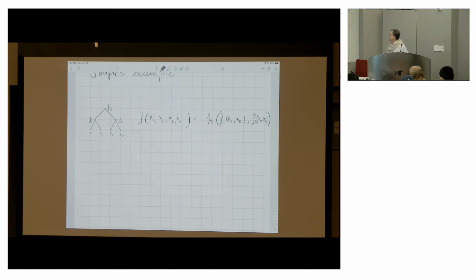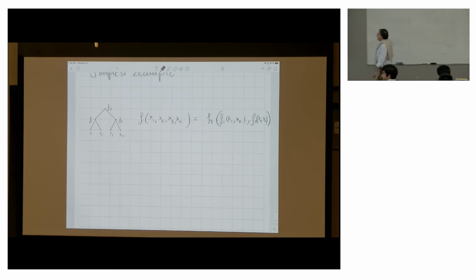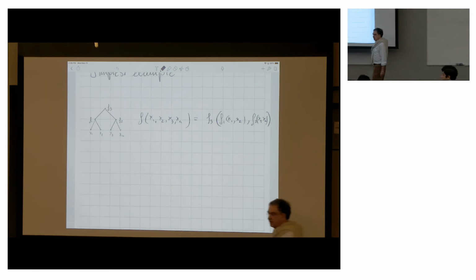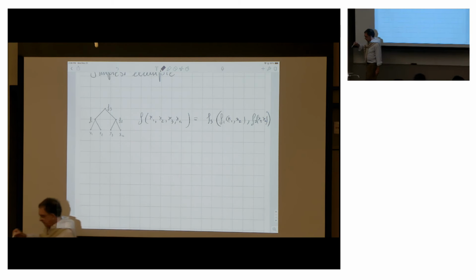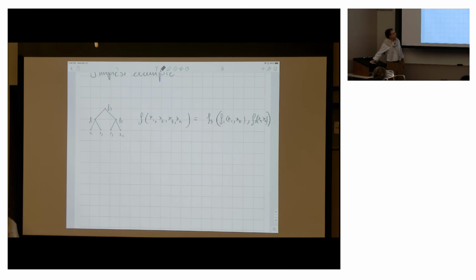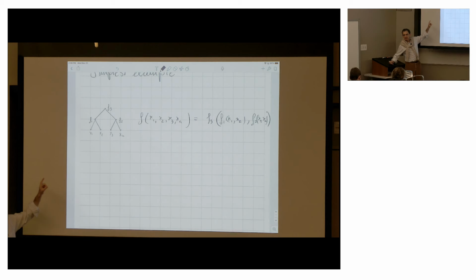So we'll see that for functions of this type, the number of units you need doesn't depend exponentially on the dimensionality.